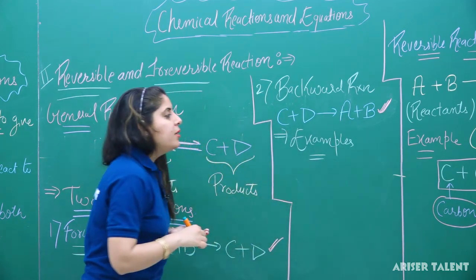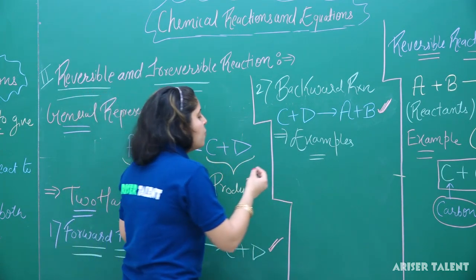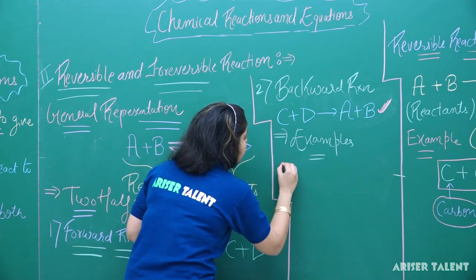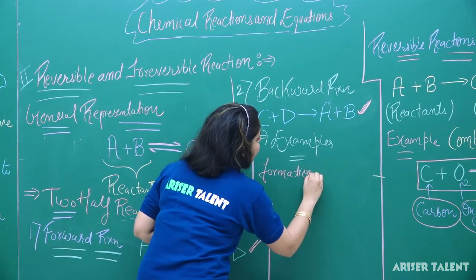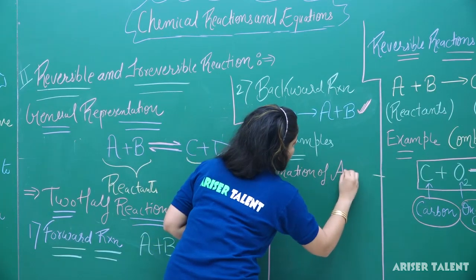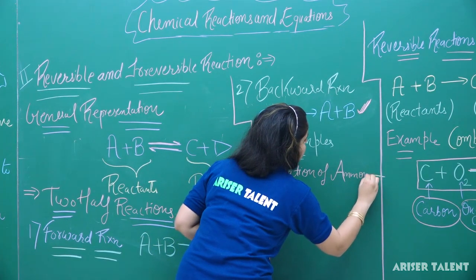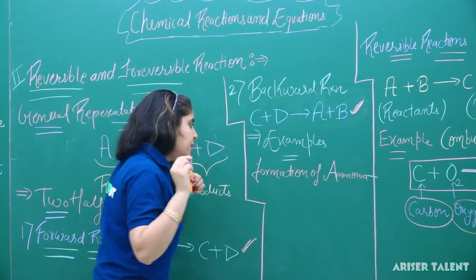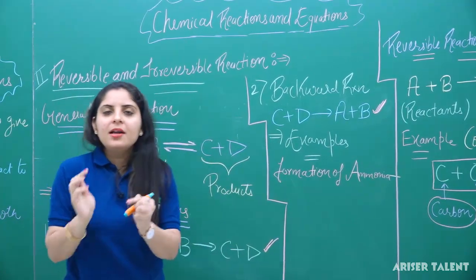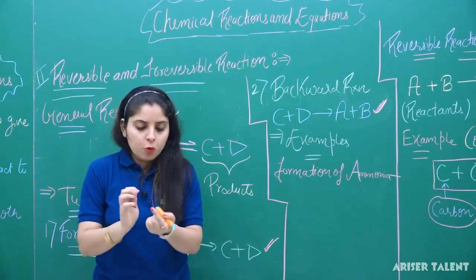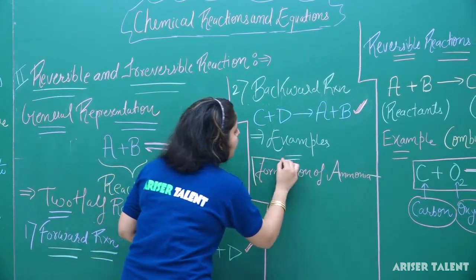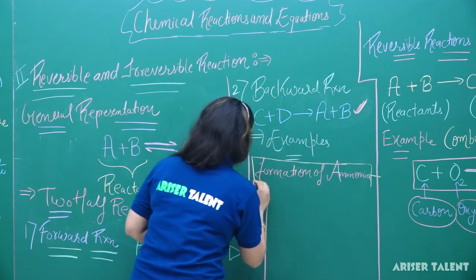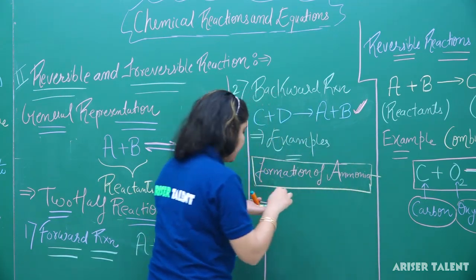So we have taken the process of formation of ammonia. So we have our example, formation of ammonia. So students, formation of ammonia in chemistry is basically known as Haber's process.